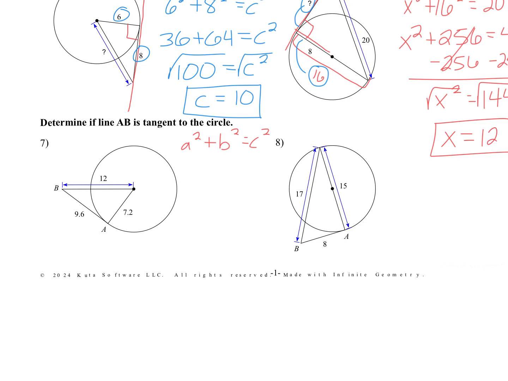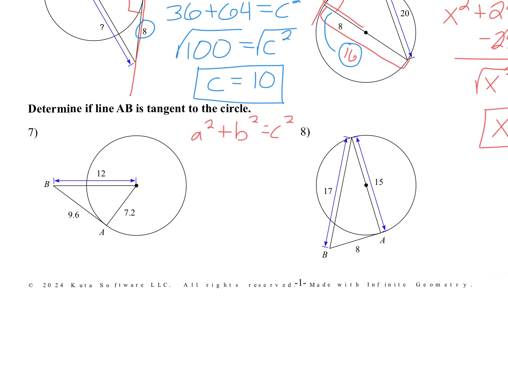In number 7, it's on A. Yep, it's right here. Remember, find that tangent line and create your right angle. What go together? 7.2 and 9.6. Good. So we have 7.2 squared plus 9.6 squared equals 12 squared.